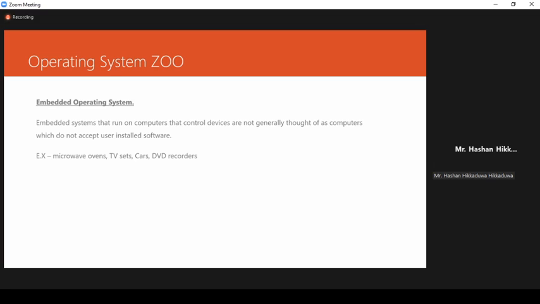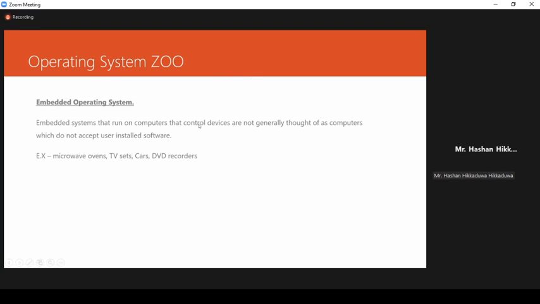What you are doing is using predefined functions. If you take a microwave oven or DVD recorder, there are predefined functions and there are embedded operating systems. According to that, you can work with microwave ovens, TV sets, cars, and DVD recorders.